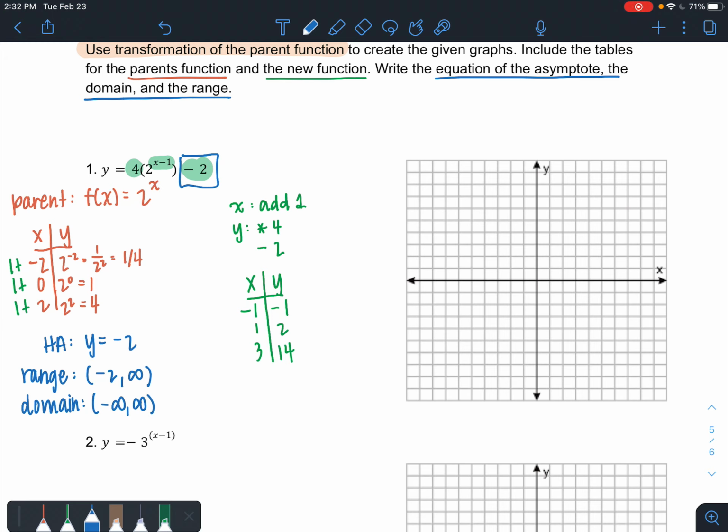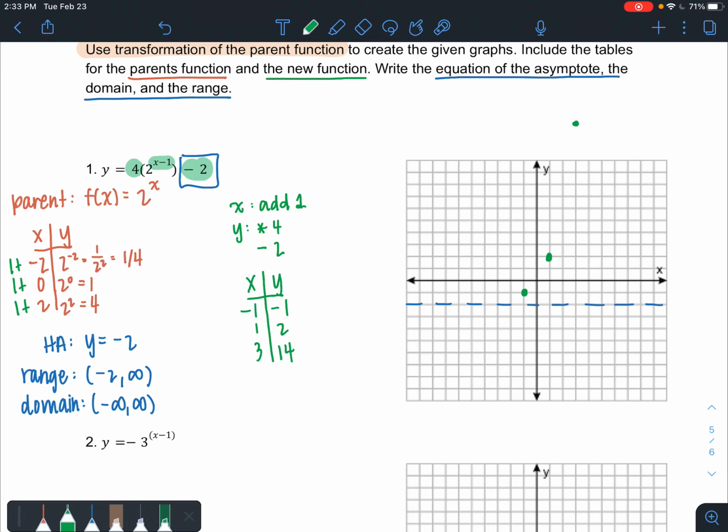So graphing our horizontal asymptote of -2, there's that. Then we want to graph these points, -1, -1, 1, 2, and 3, 14, so like right there.